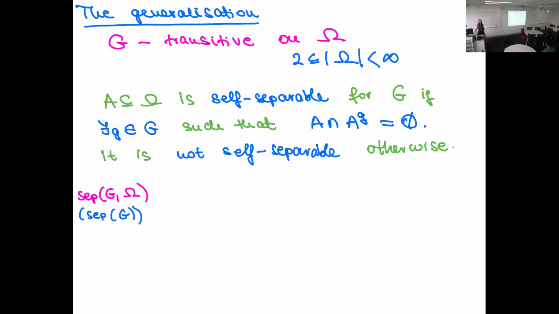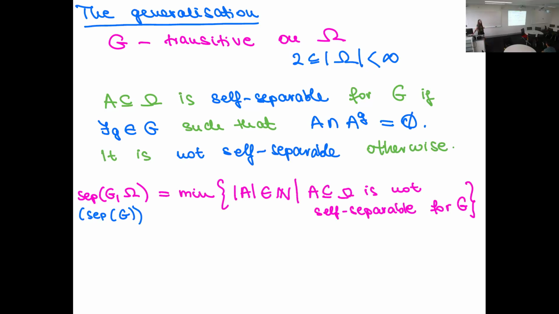We can then define sep(G, omega), which is the separability number of a permutation group, which I will sometimes call sep(G) if the action on omega is obvious, to be the smallest number such that there is a subset of omega of that size which is not self-separable.